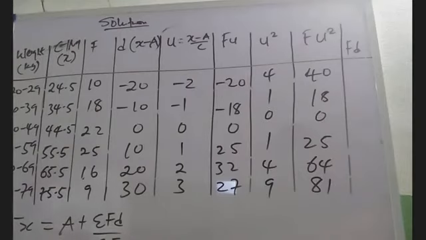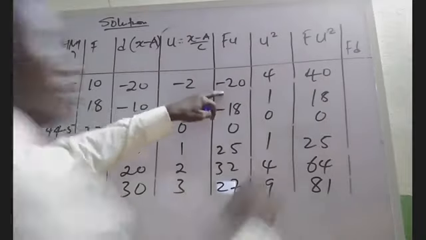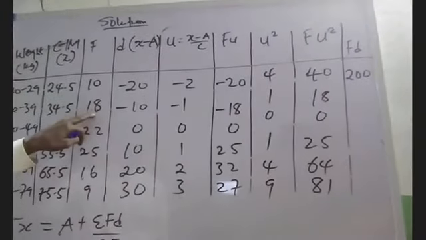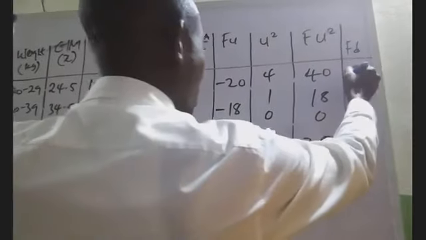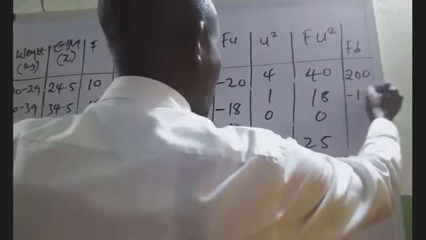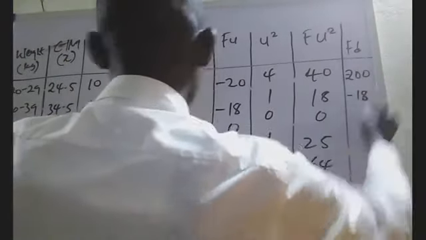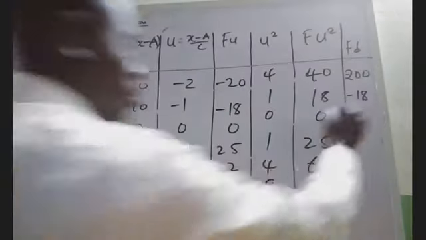fd is f times deviation. F times minus 20. This is 200. 18 times minus 10. Remember, you have minus here.